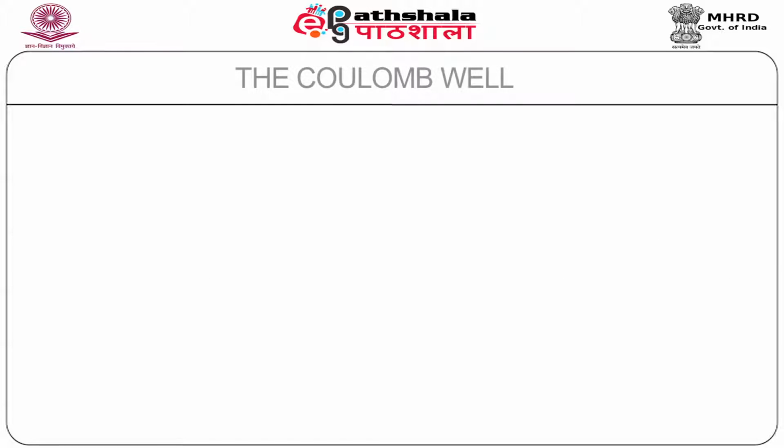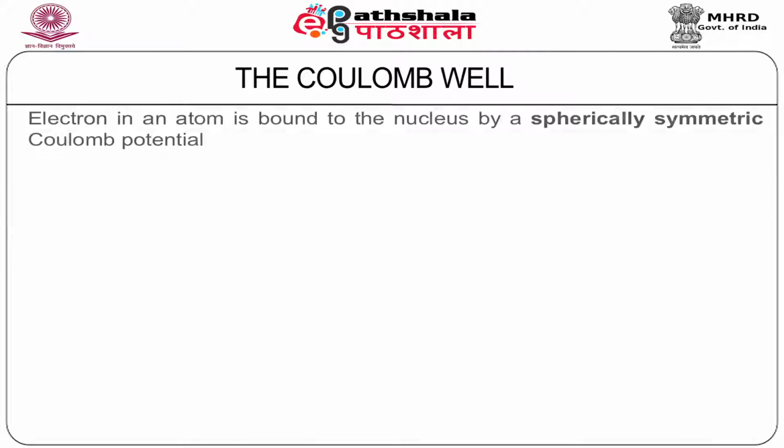First of all, let me talk about the Coulomb potential, which can be described as a Coulomb well. Now, the electron in an atom is bound to the nucleus by a spherically symmetric Coulomb potential, V(r) equal to minus k Z squared by r. By spherically symmetric potential, I mean a potential which is constant over the surface of a sphere.